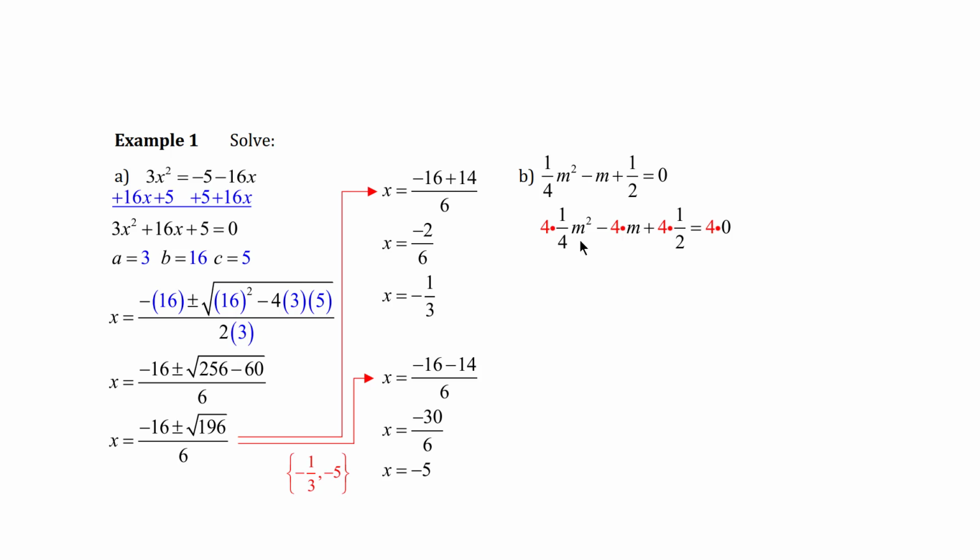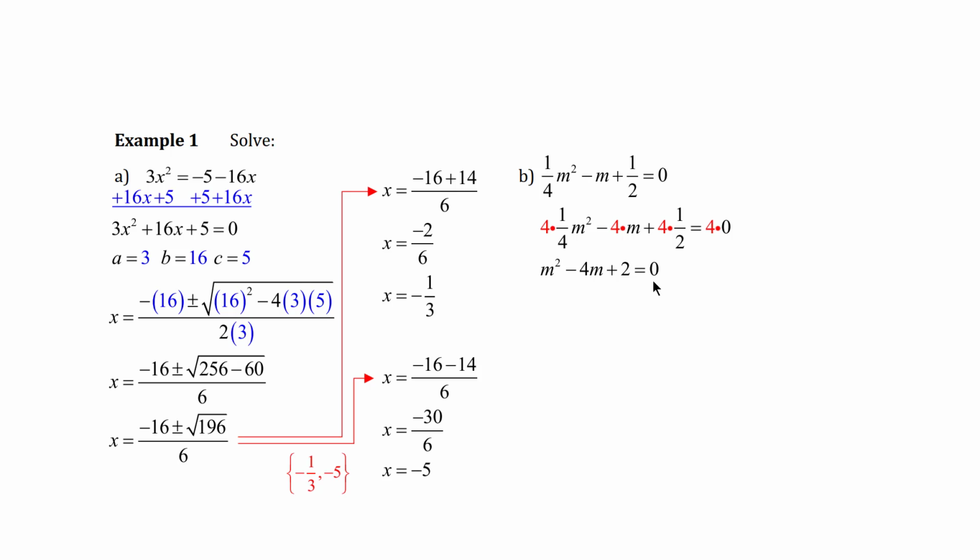Multiplying the first term by 4, we have 4 times 1 over 4 m squared becomes m squared. Multiplying the second term by 4, we have negative 4m. Multiplying the third term by 4, we get 4 times 1/2, which is positive 2. And multiplying the last term by 4, 4 times 0 is 0. The result is m squared minus 4m plus 2 equals 0.